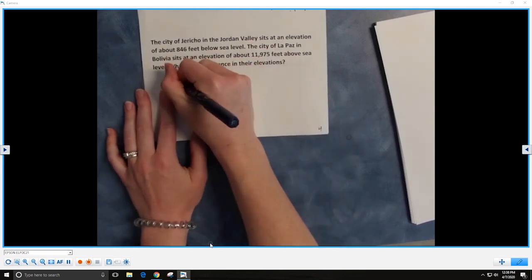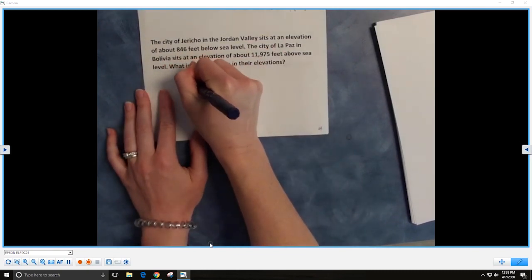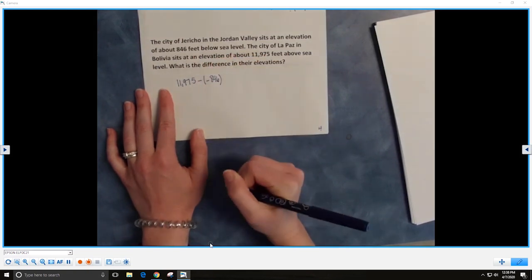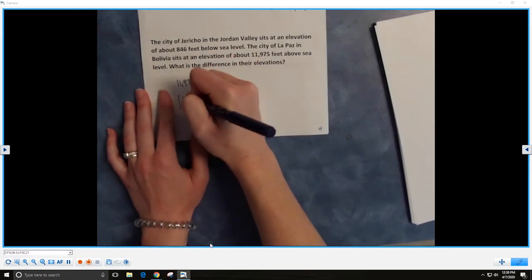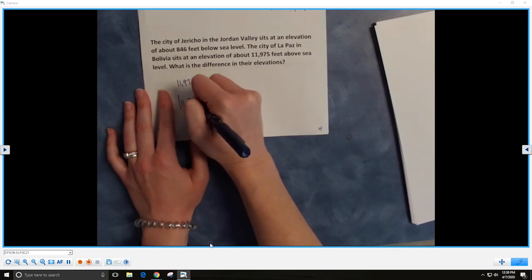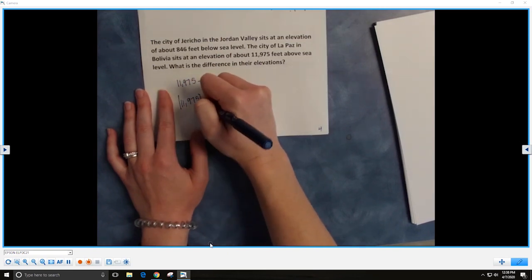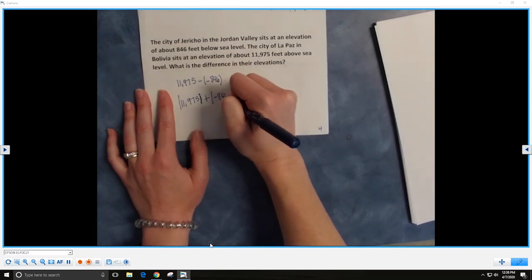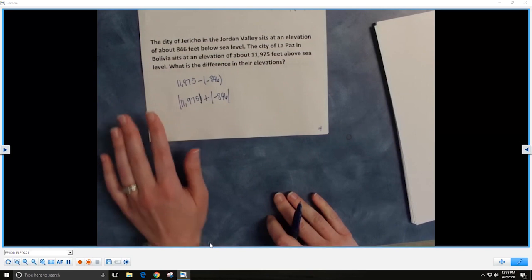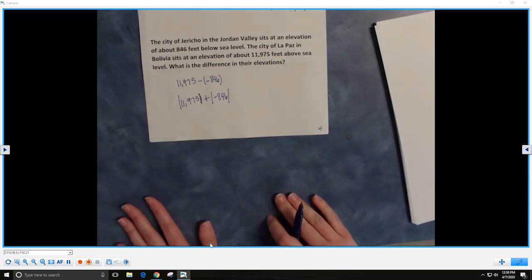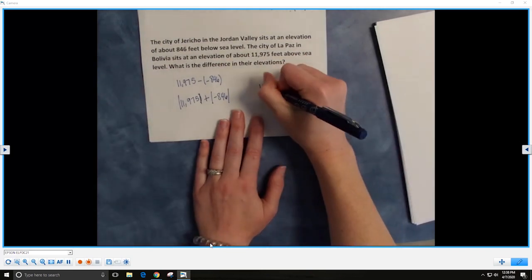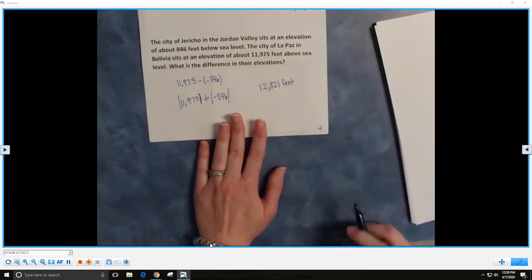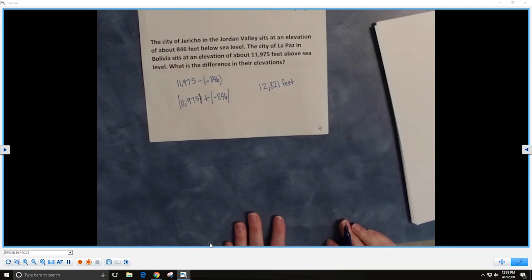So we can write 11,975 minus negative 846, or we can write the absolute value of 11,975 plus the absolute value of negative 846 using absolute value. Either way, the difference in elevation is 12,821 feet.